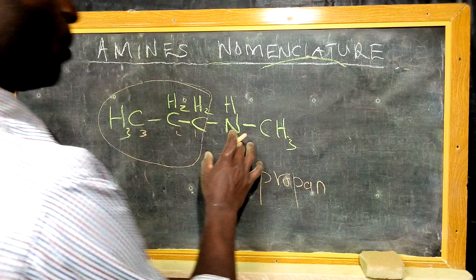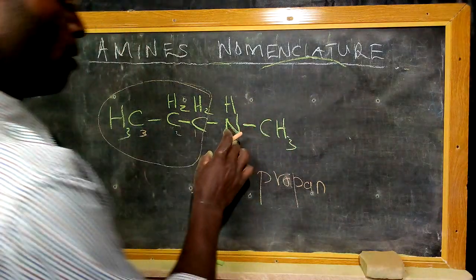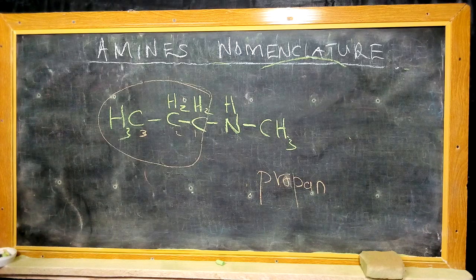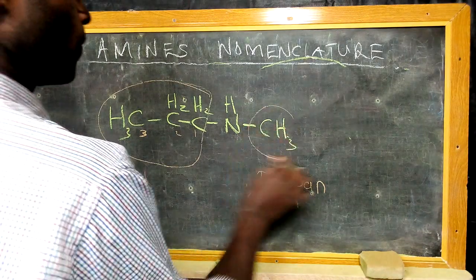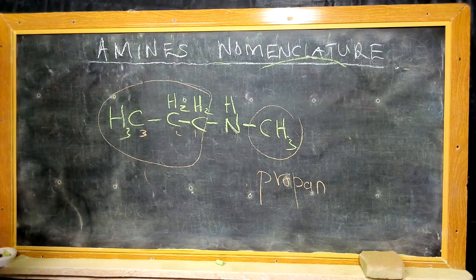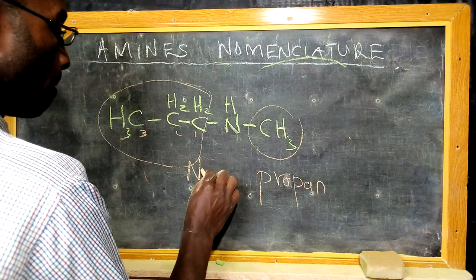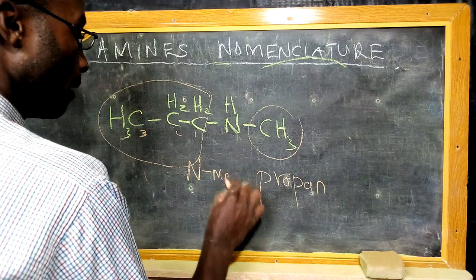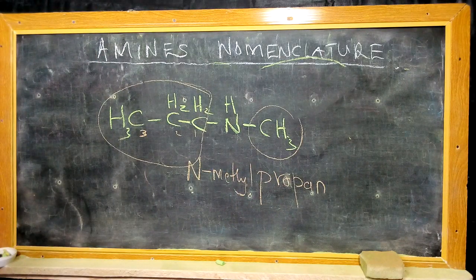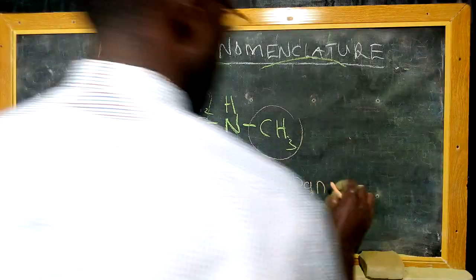Then this is the nitrogen. We said that whenever there is a substitution on the amine group and we want to mention it, we start by indicating the letter N for amines. So we shall have N-methylpropanamine.